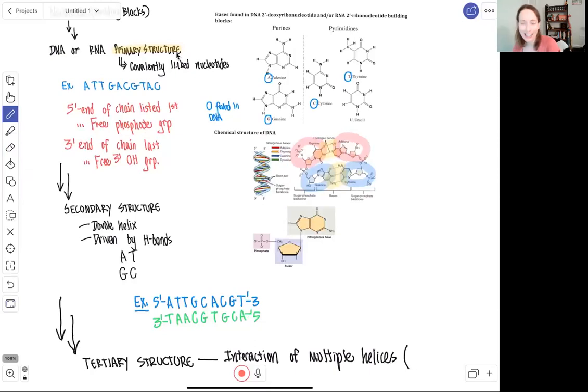A main example of that is supercoiling, which is how the DNA packs up into a tight little structure to minimize the amount of space it takes in a cell. By compacting that tight structure, it's also thought to improve the stability of the DNA. So that is our 3 levels of organization of nucleic acids: primary, secondary, and tertiary.